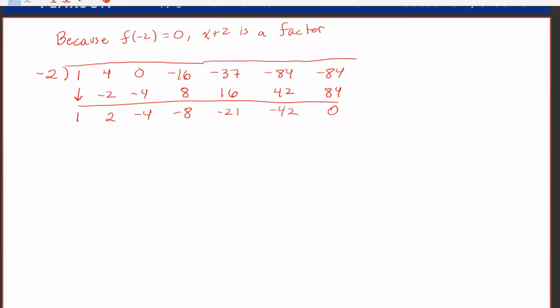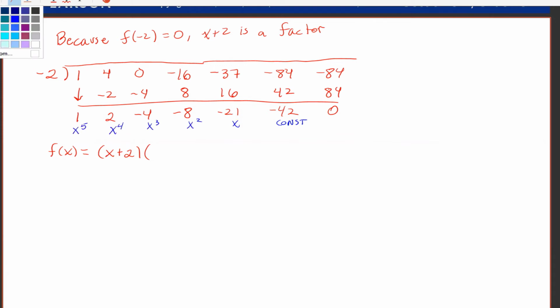And so now I can write f of x like this. I can write it as x plus 2. And then remember how this works? That's the constant coefficient on x, x squared, x cubed, x to the 4th, x to the 5th.